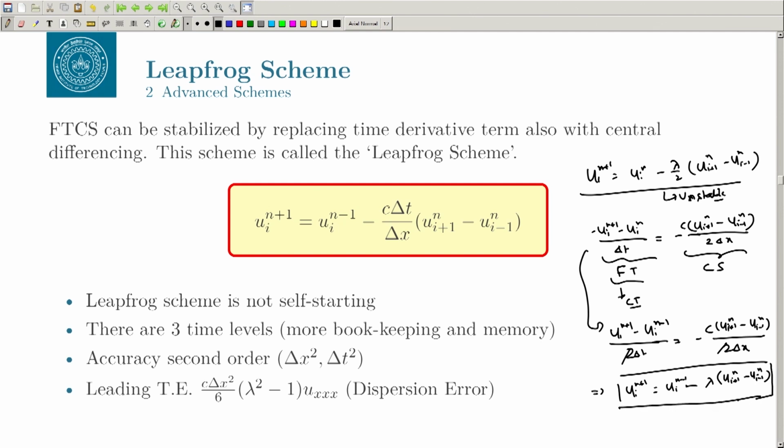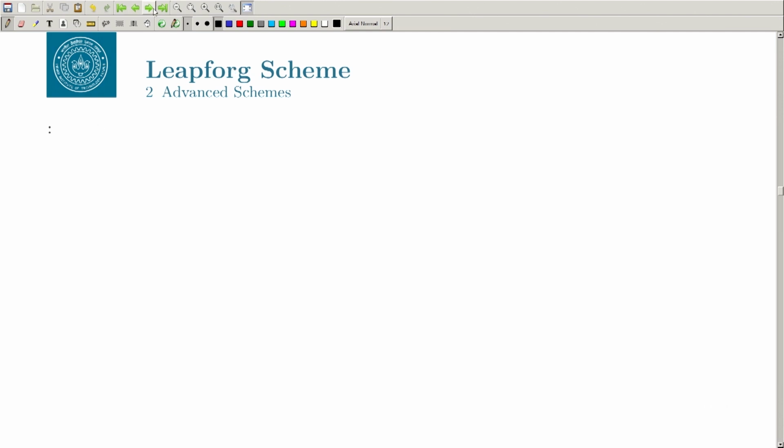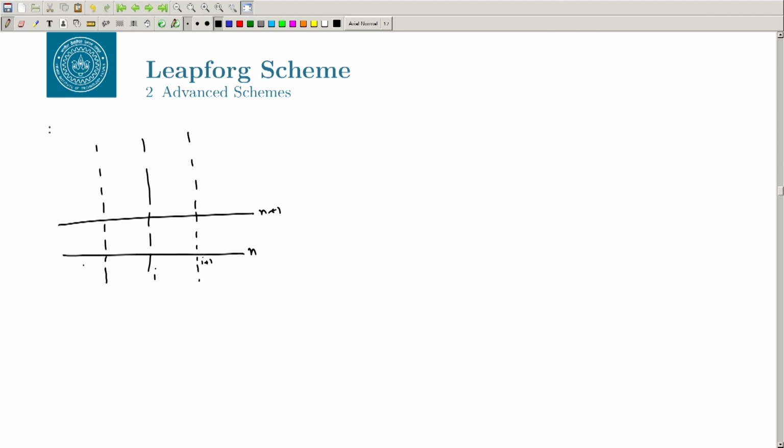Okay. So, why do we call it leapfrogging scheme? Look at the stencil of this scheme. This is my n and this is my n plus 1. This is my line i, this is i plus 1, this is i minus 1.